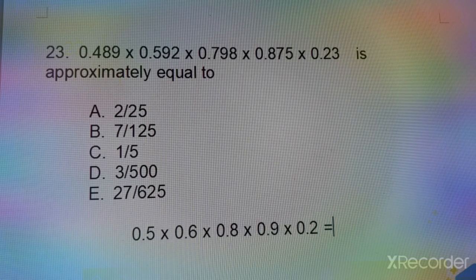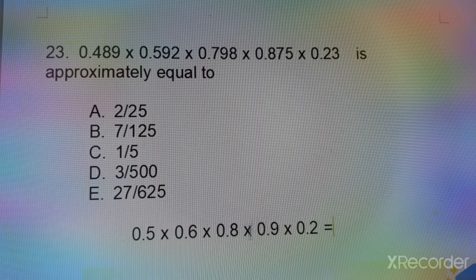So if you multiply these numbers, 0.5 times 0.6 is 0.3, since 5 times 6 is 30 and you have 2 decimal places, so that's 0.3. Then 0.3 times 0.8, 3 times 8 is 24, so it's 0.24.